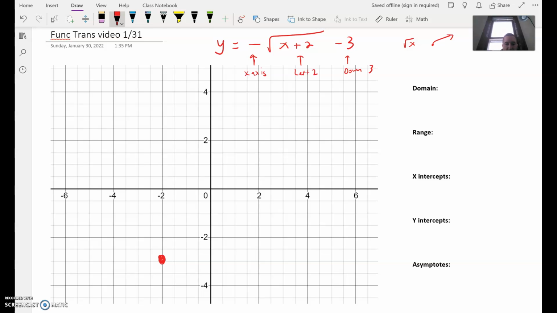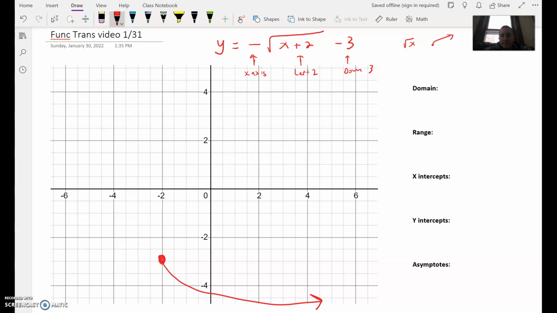Okay, notice my x and y axis. Here's 1, here's 2, here's 3, here's 4. Sometimes you got to be careful the way the graphs are looking. You don't just count the tick marks, you got to read the numbers. So this would be left 2, down 3, flipped over the x-axis. Okay, so that's the correct graph.